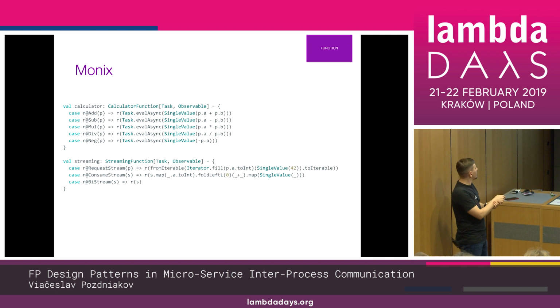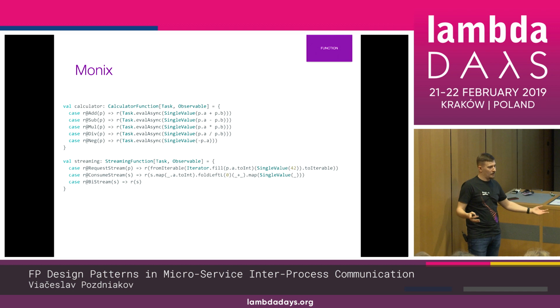And for streaming, it's getting a little bit more complicated because in some cases, this S is not a single value, it's a stream of values. So in some cases, it's a unary value, or in some cases, a stream of values. But using Monix observables, it's quite easy to deal with these streams. You just fold, you can call asynchronous, I don't know, databases here, or do whatever you want.